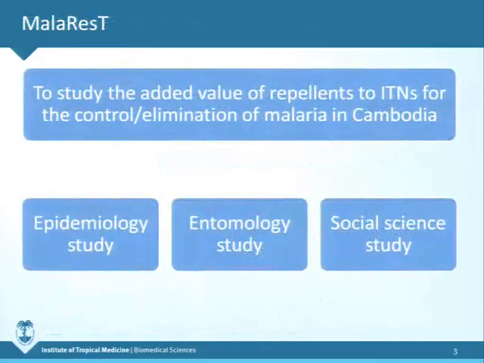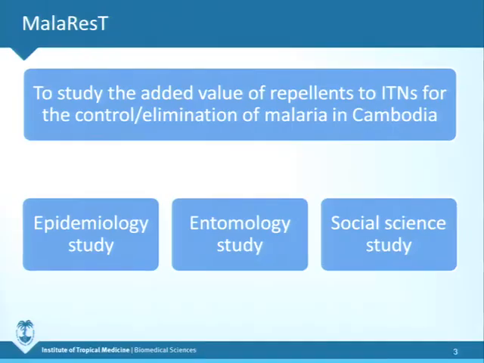So, to address this residual transmission, we thought that in addition to ITN, it would be a very good way to evaluate the residual transmission by adding topical repellents. And of course, we evaluated topical repellents not for personal protection, but for community protection, and community protection means something different.